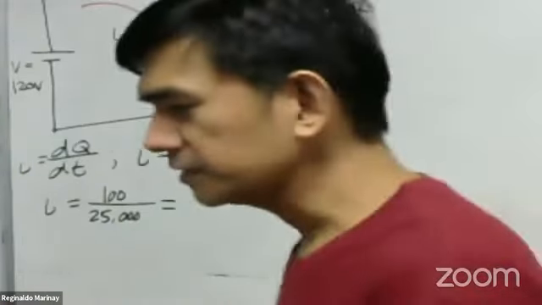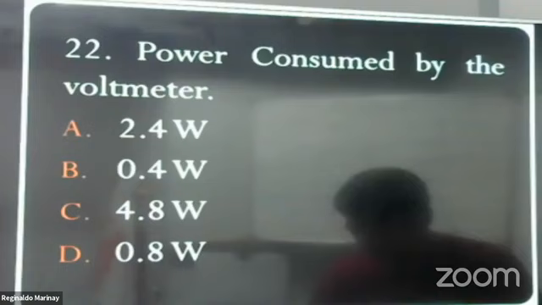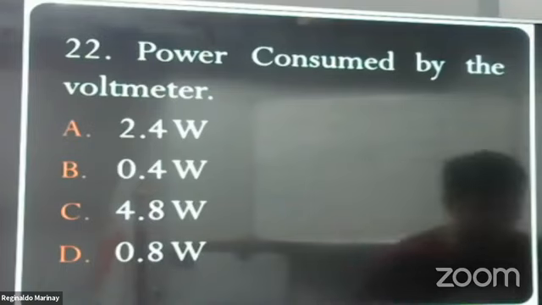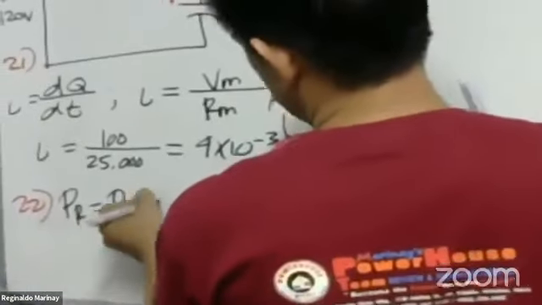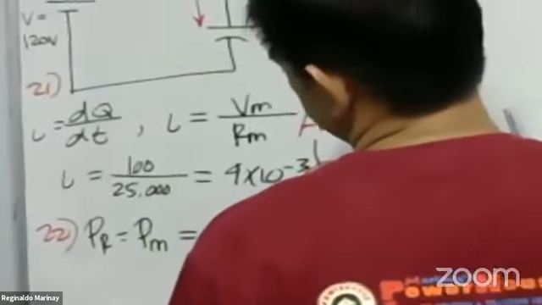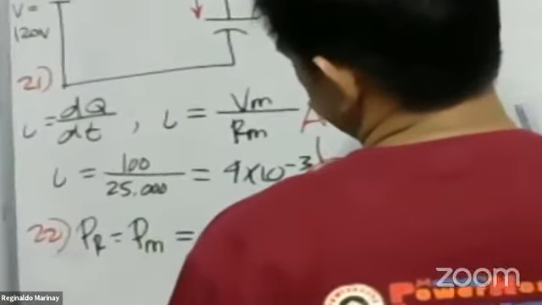The power consumed by the voltmeter. That is actually the PR for number 22. No? PR. Okay, 22, our PR, that is actually the power in our meter. Okay? That is simply equal to the voltage in the meter times the current in the meter.